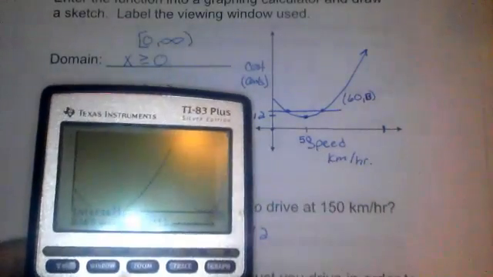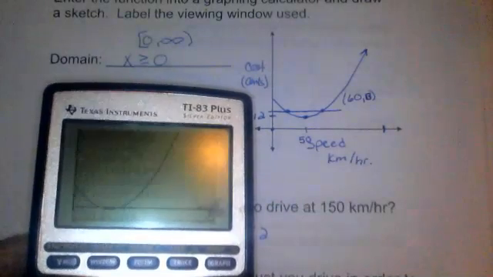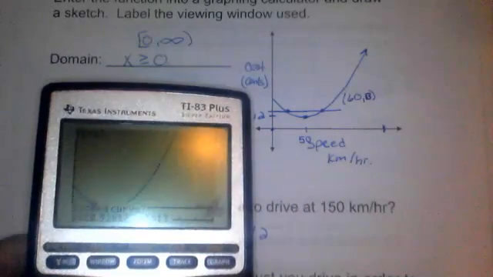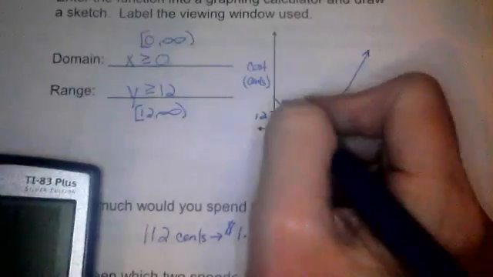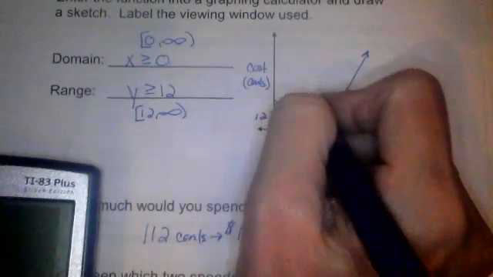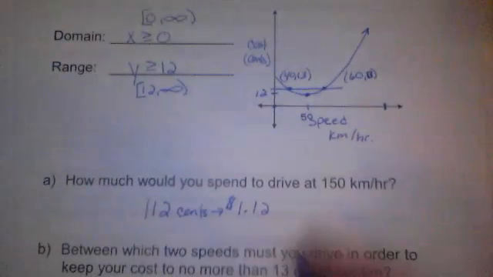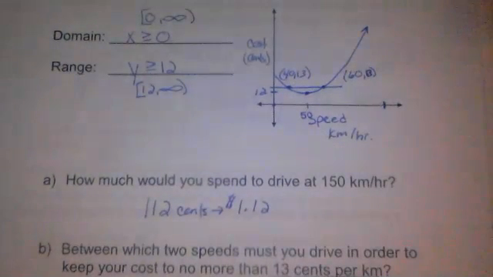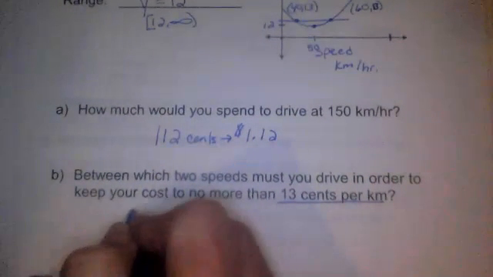And then the one on the left is 40, 13. So when we are traveling between 40 and 60 kilometers per hour, this vehicle will get its best gas mileage.